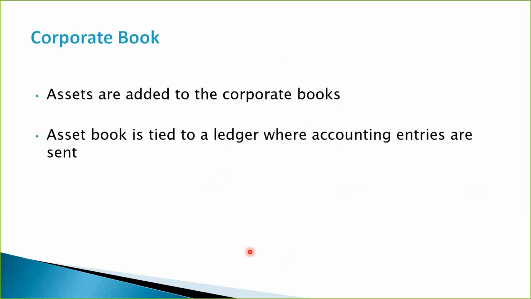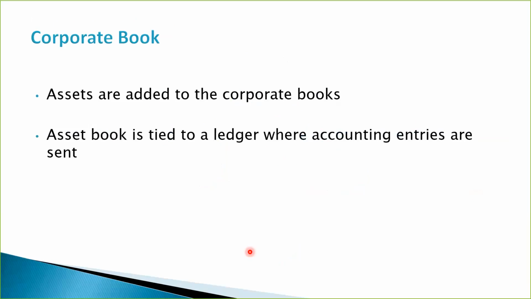Okay, so now let's move on to discuss the books, and we'll start with the corporate book, which is the main one. We say this because the corporate book is where we add our assets. When you are adding an asset, you're adding it to a particular book. You can think of it the way you think about your ledger.